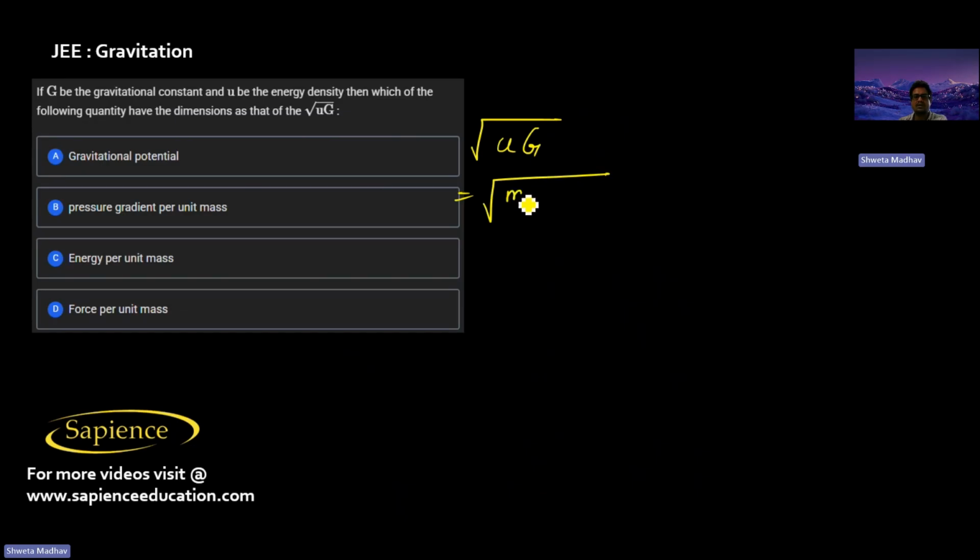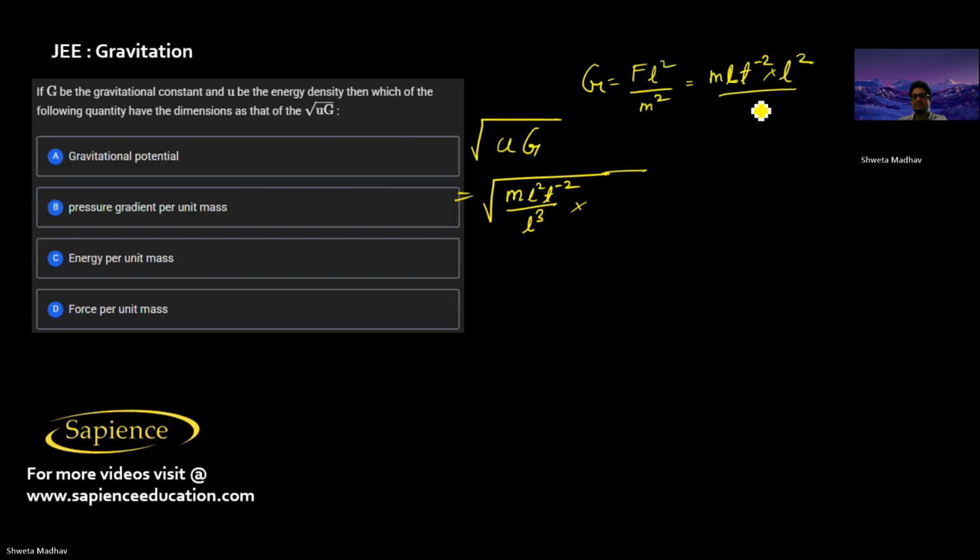So energy is mass into acceleration, so it is ML square T power minus 2 divided by L cube, into G, that is force into length square by mass square, which is MLT power minus 2 into L square by M square.